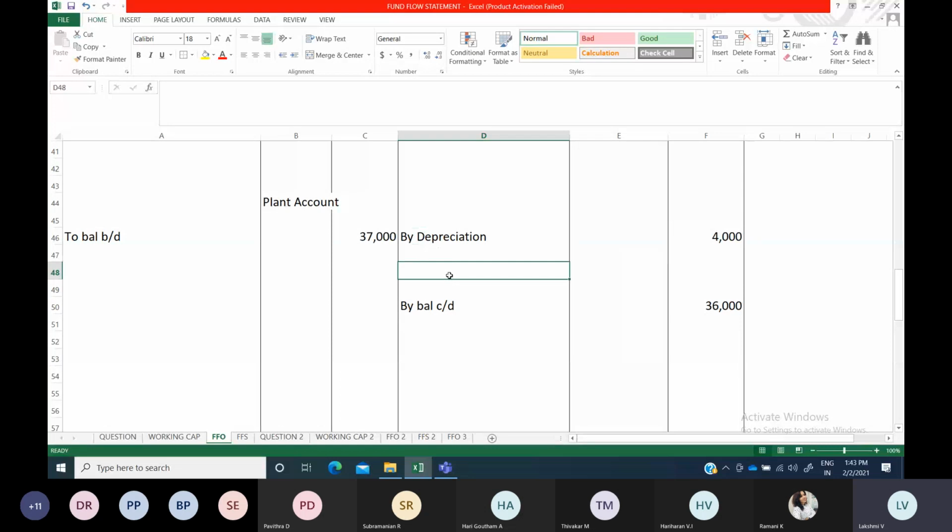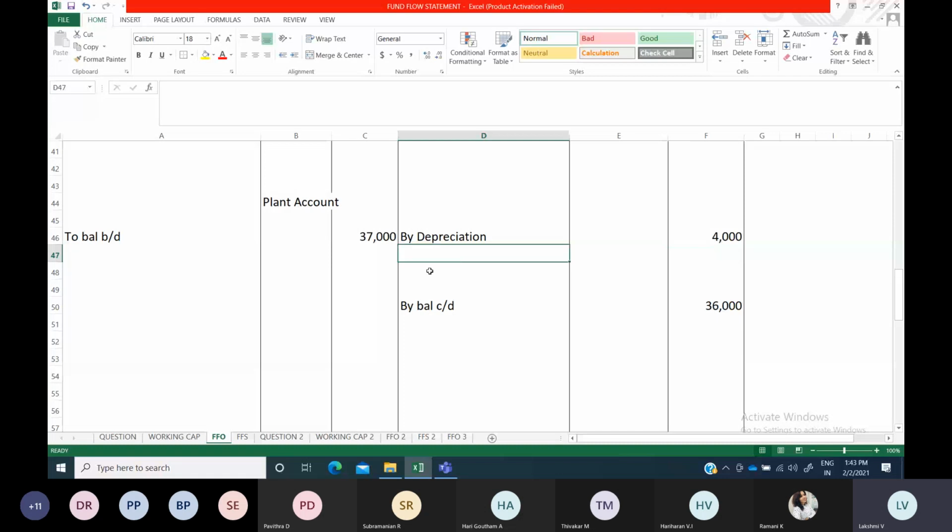By bank you will be using, through cheque, like that, it is an assumption. If you are selling something, it is coming into the business, right? So you will be taking it on the credit side. By bank you will be mentioning and putting the amount here.